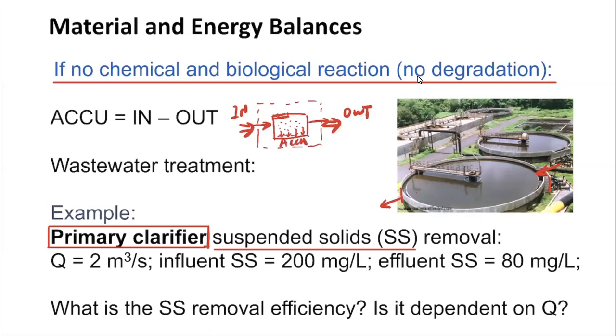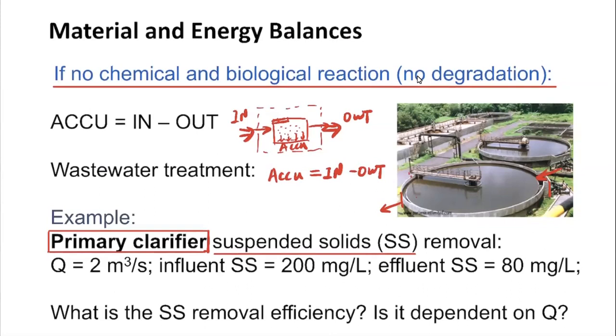So we can build up the mass balance equation where accumulation is equal to in minus out. There's no reaction term within this process, so it's the same as this equation here. We can use this mass balance to evaluate the efficiency of removal of these SS.